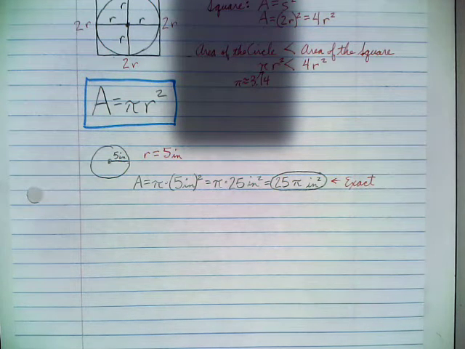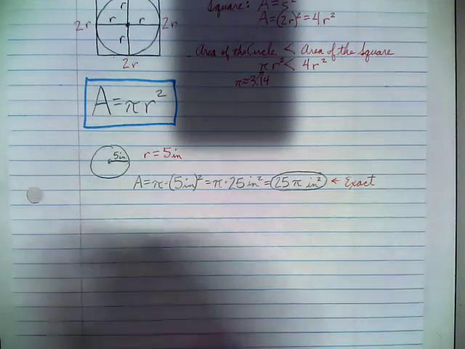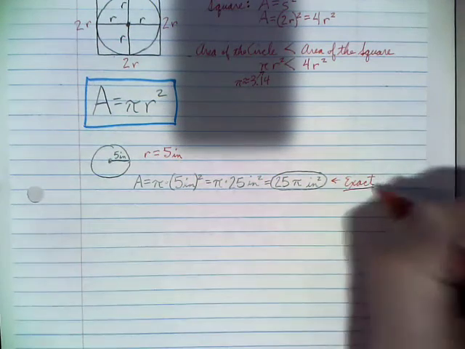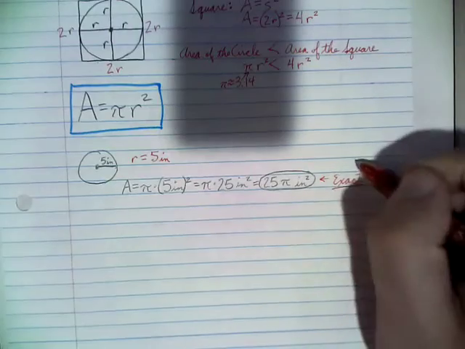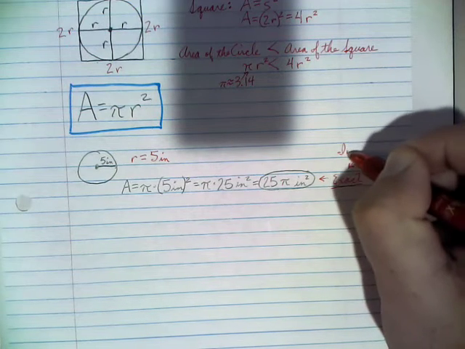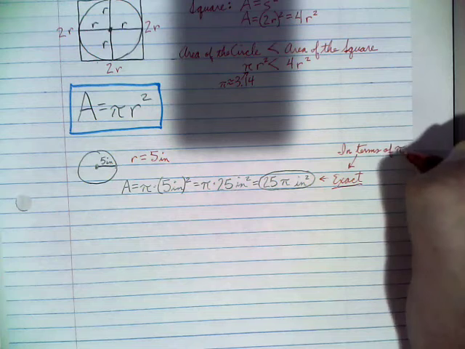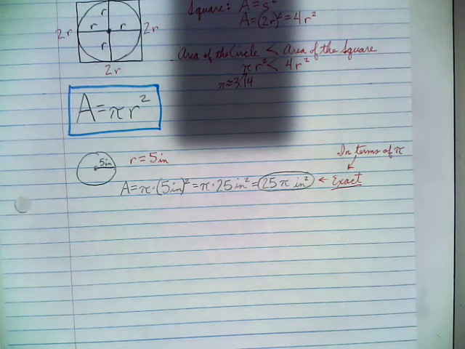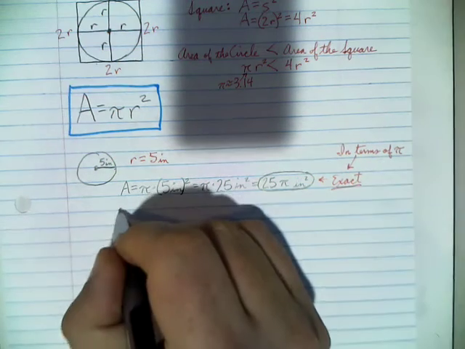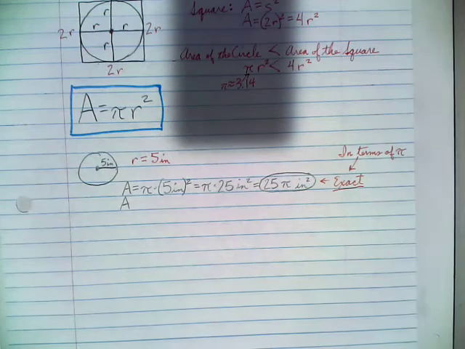Now, again, the only time that you're going to do this is when the book asks you to find the exact value, or if it says in terms of pi. That's the only time you're going to do this right here. All the rest of the times, we're actually going to replace pi with something more helpful.